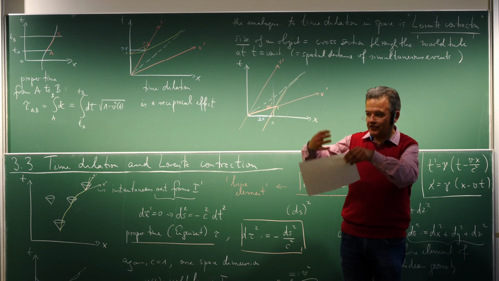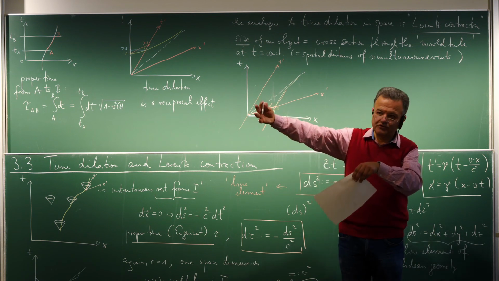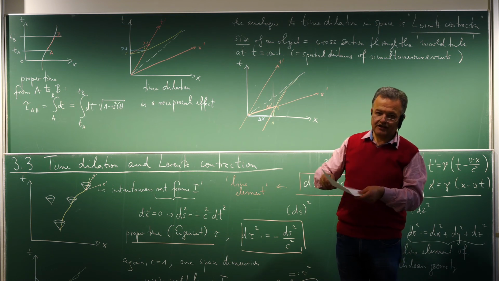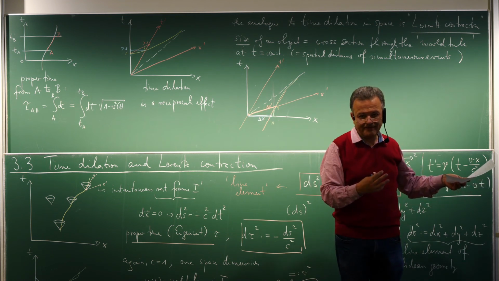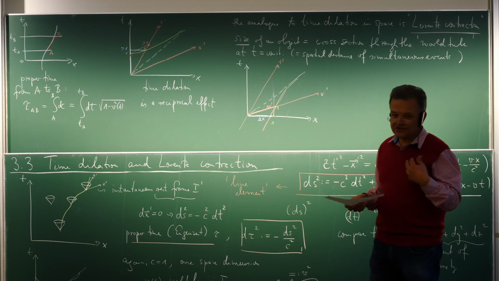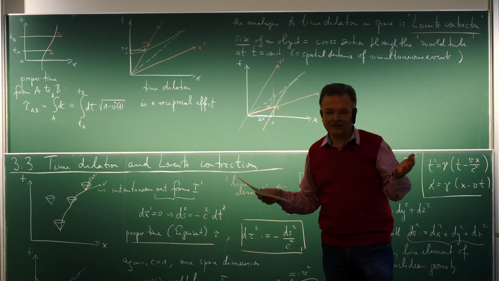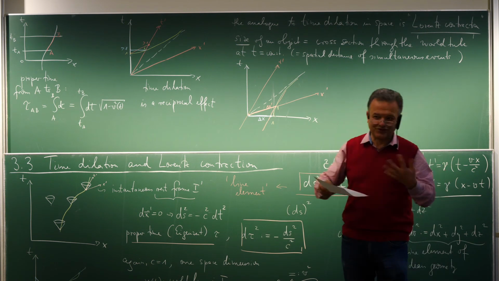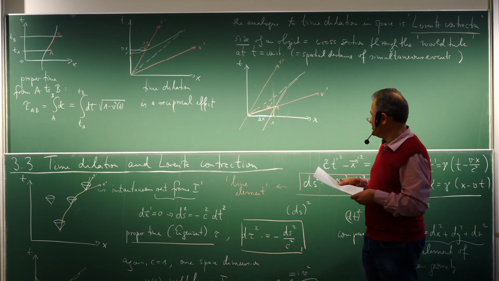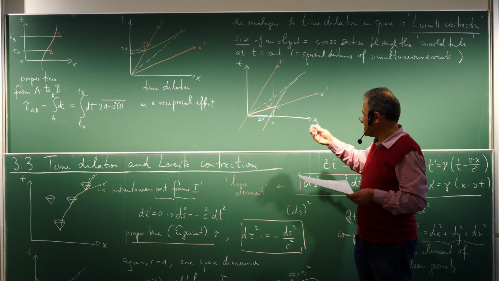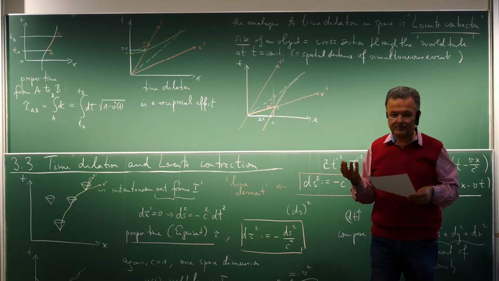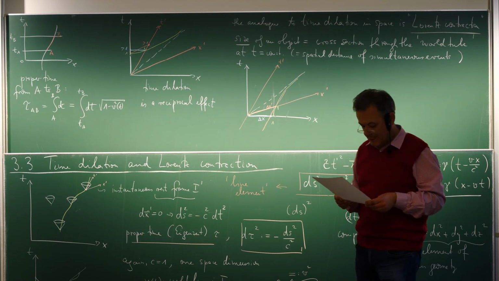But if we observe the moving one from our system, we conclude it's contracted, and the other one would conclude the same. And it's not that this is a real effect. It's not that the material experiences some stress or whatever. It does not. It's just that the definition of simultaneity, of course, depends on the system.